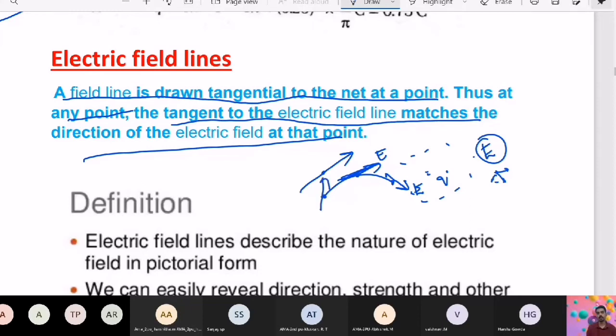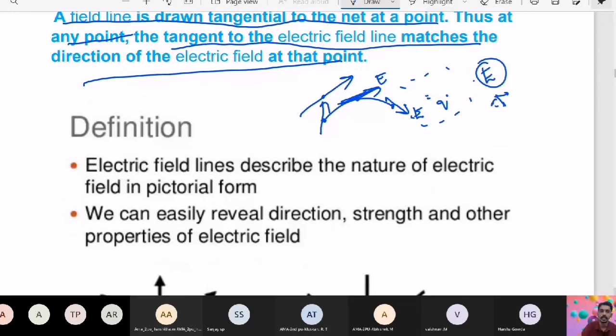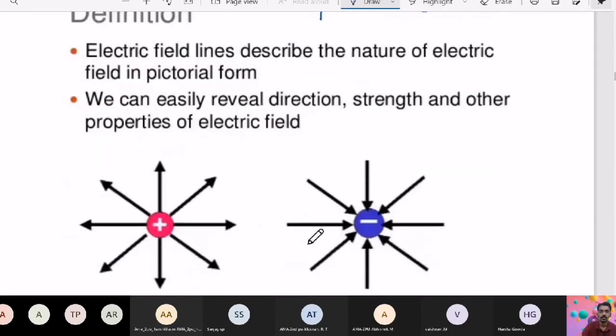You need to imagine few lines such that at any point if you draw a tangent to that line, that will give the direction of electric field. Such lines we call what? Electric field lines. Like here you see, electric field lines describe the nature of electric field, and we can easily reveal direction, strength and other properties of electric field.